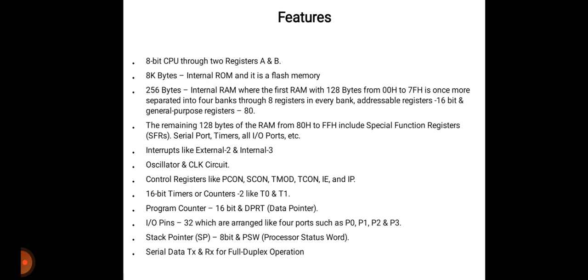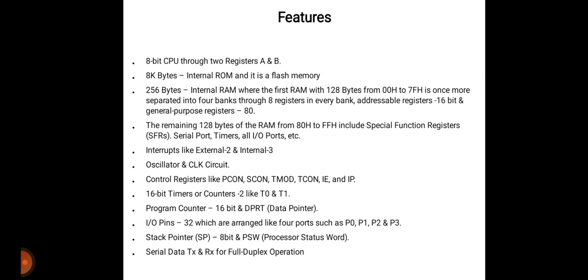Then next is the remaining 128 bytes of RAM from 80H to FFH. This includes special function registers, and these registers control various peripherals such as the serial port, timer, and input output ports. Also interrupts: external 2 and internal 3 interrupts are available in this circuit.